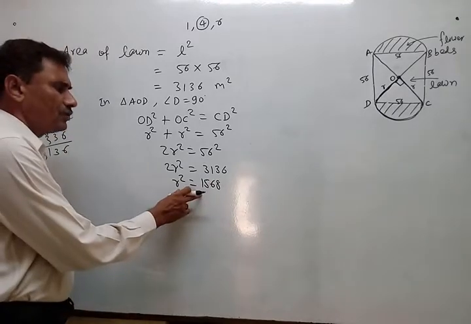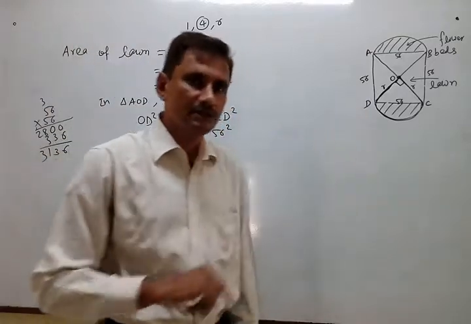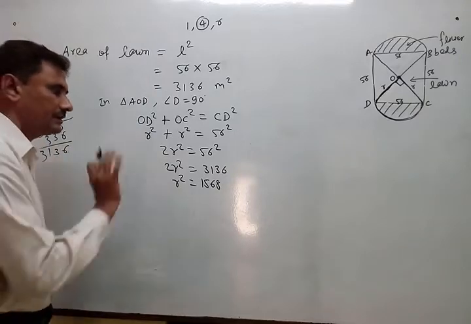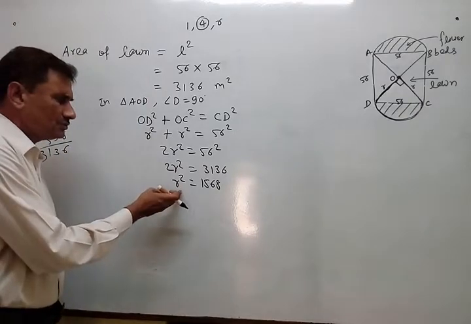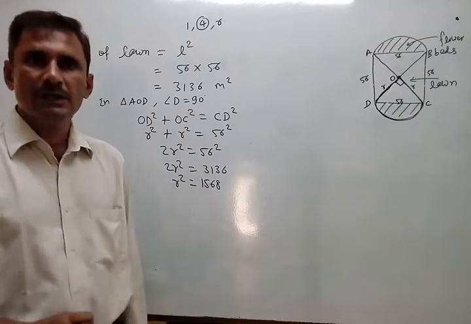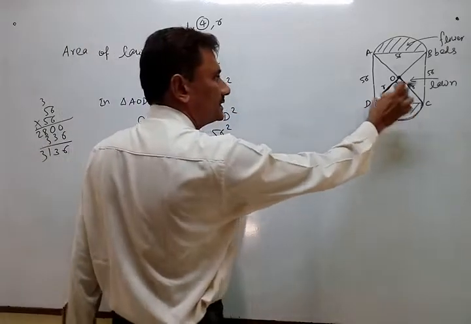Now we don't want R, because in the formula everywhere R square will be there. So I think there is no need to find R, because it is not advisable to waste time finding R. So now we can find the area of any one segment.